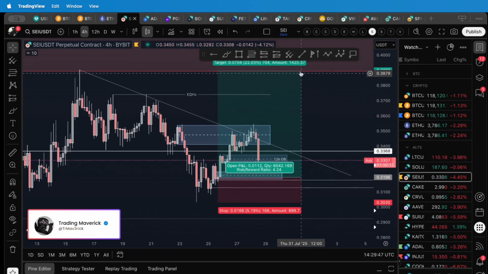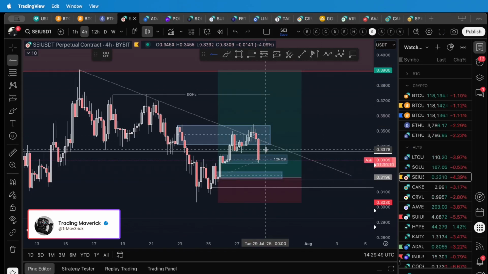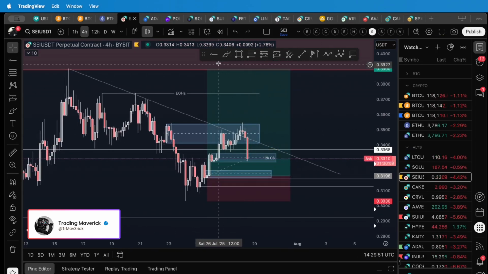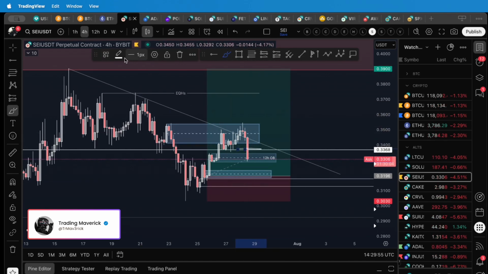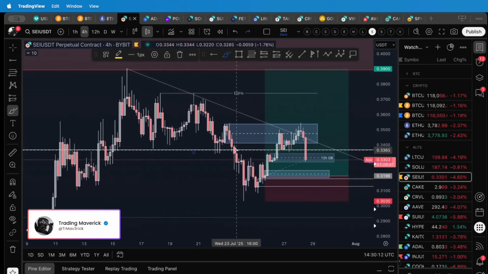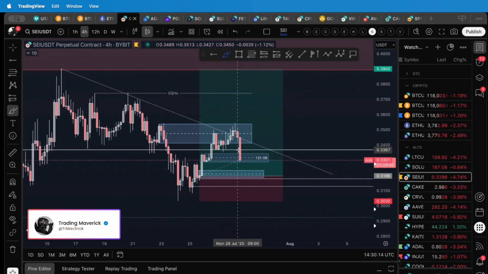Ugly rejection, but in my opinion, if the daily candle closes above this white line, so that's 33 cents, it will look a little bit better. If we get a close below, maybe I'll just exit my longs, because I believe that's a weekly level, so ideally we hold that, but yeah, it looks pretty bad.